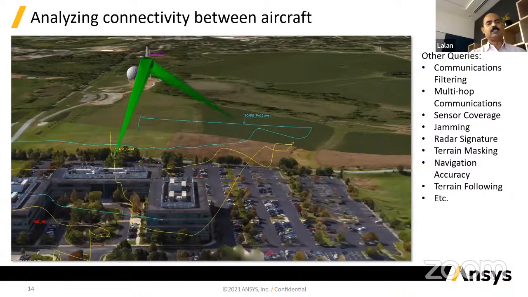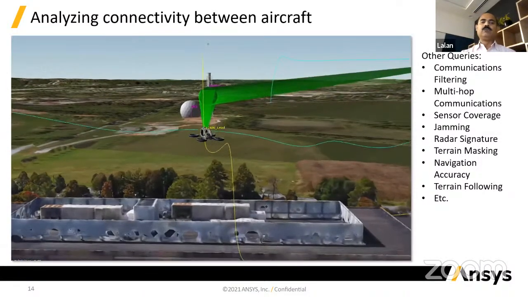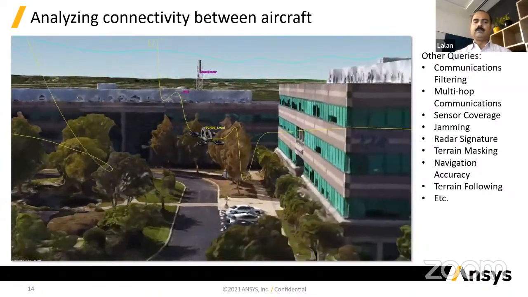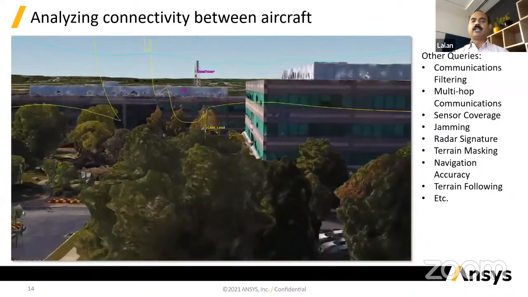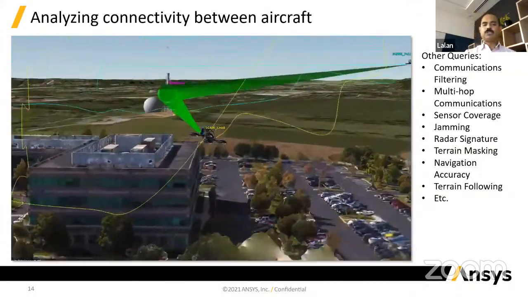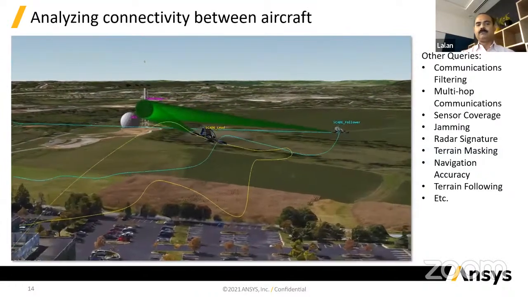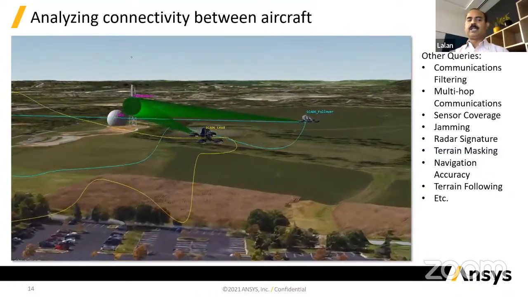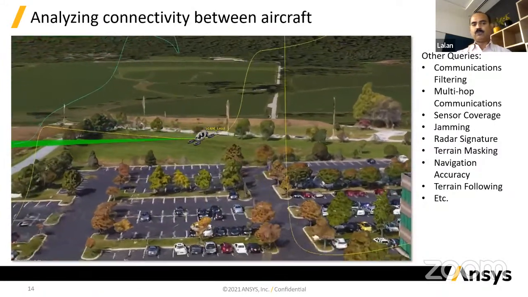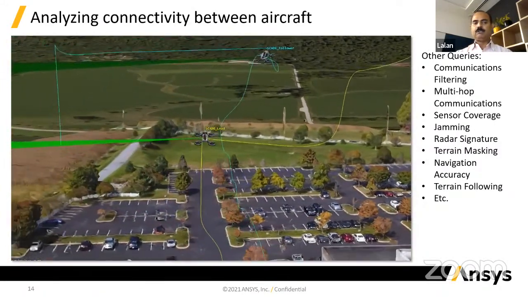Following the terrain itself is one of the very important queries which a mission analyst can look at, whether we are able to follow the actual terrain so that less catastrophic events can happen during those deliveries or mission performance.